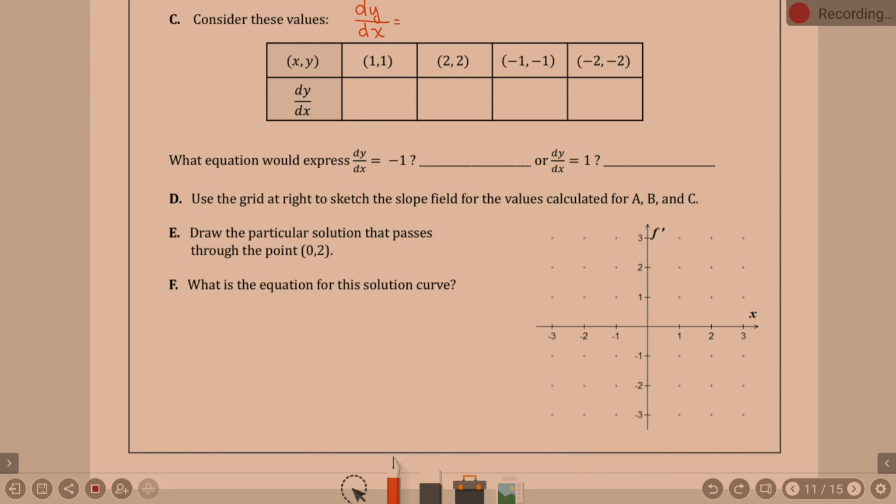I think I would know this by now, but okay. 1, 1. 2, 2. Negative 1, 1. Negative 1. Negative 2, negative 2. Negative 1. Okay.